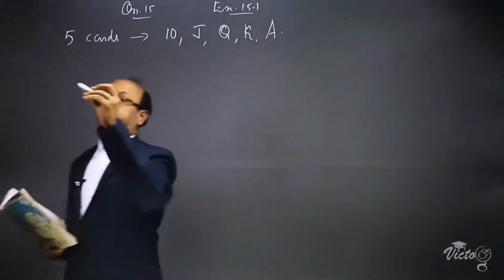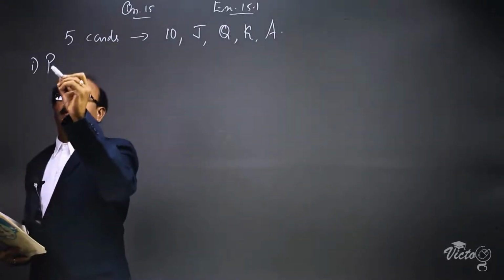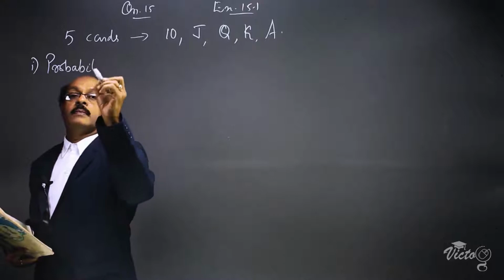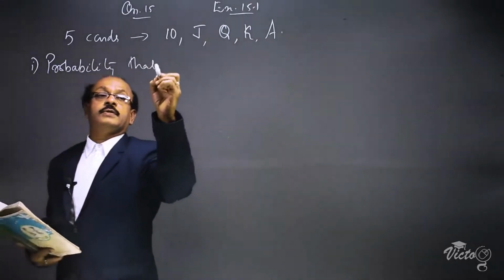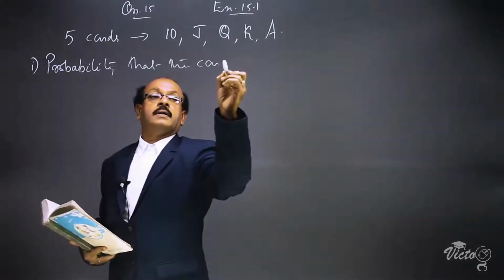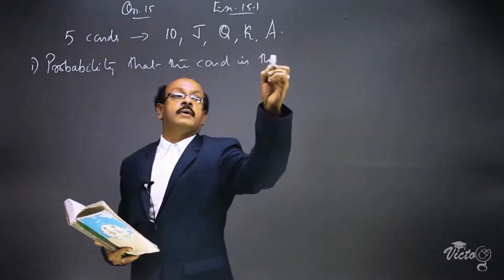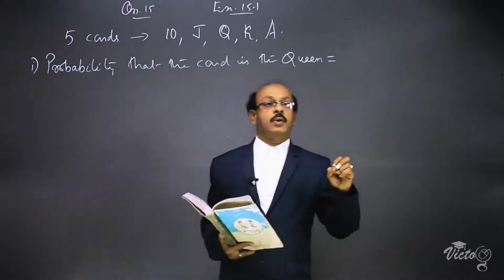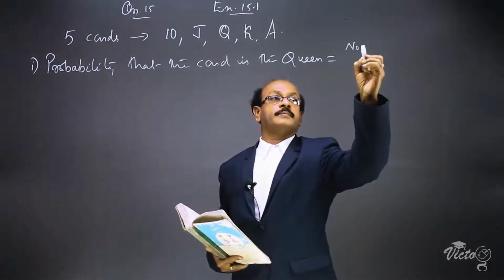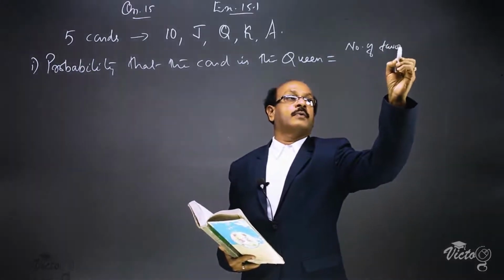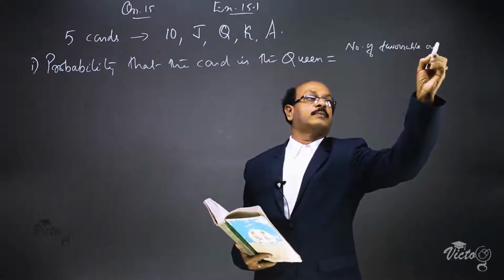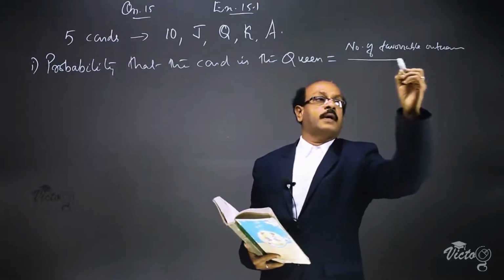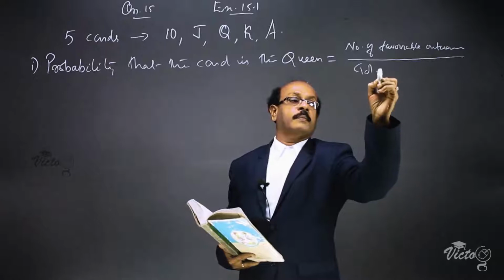Probability that the card is the Queen. Here also the formula is number of favorable outcomes divided by total number of outcomes.